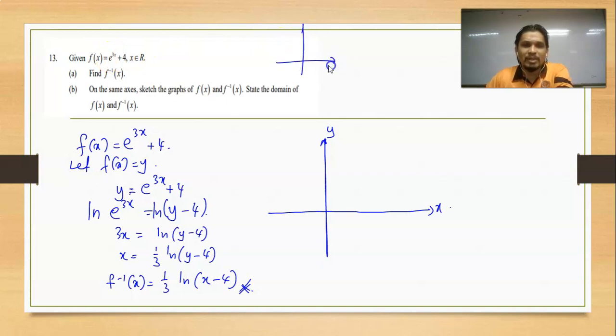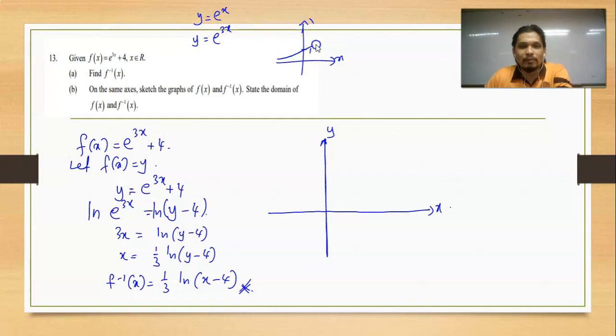Generally, the difference between y equals e^x and y equals e power of 3x is that the shapes are actually the same. When x equals 0, e power of 0 equals 1, and 3 times 0 equals 0, e power of 0 is still 1. So they intersect at y equals 1 here.